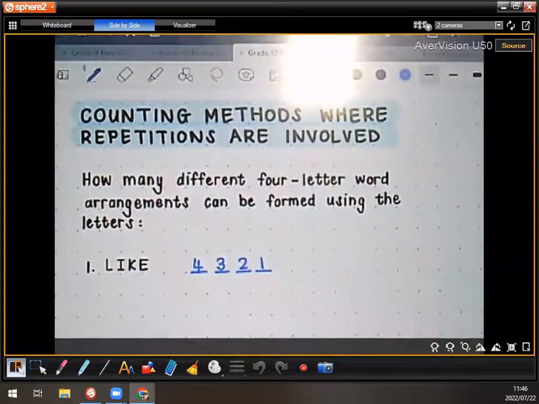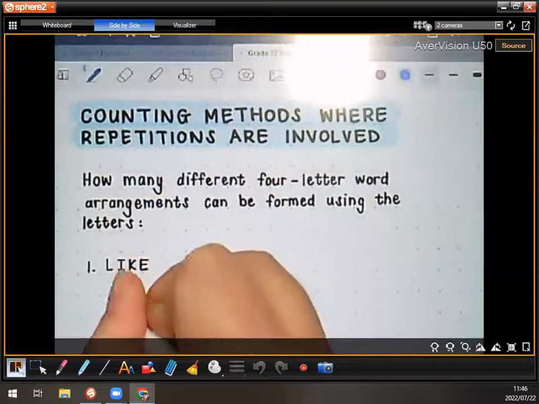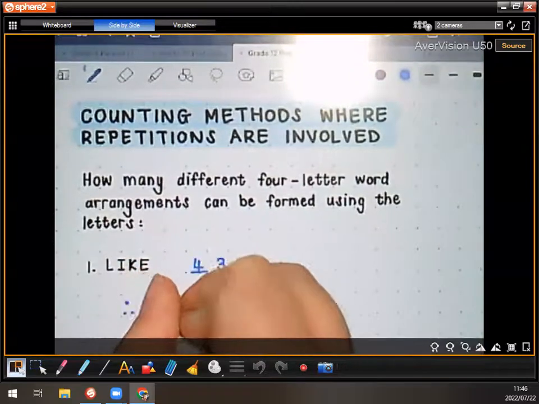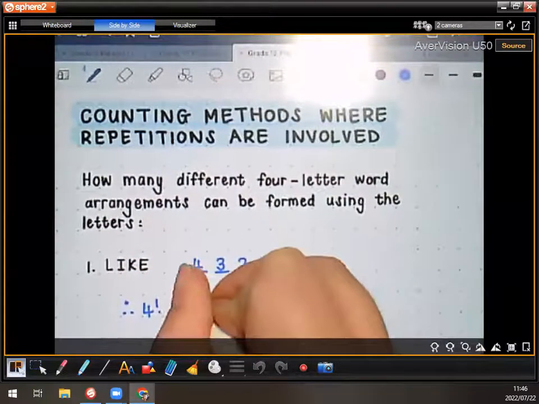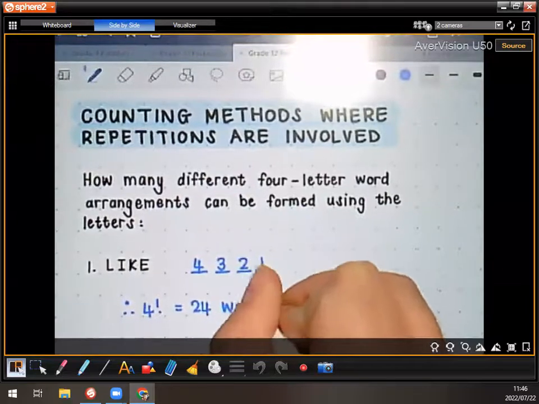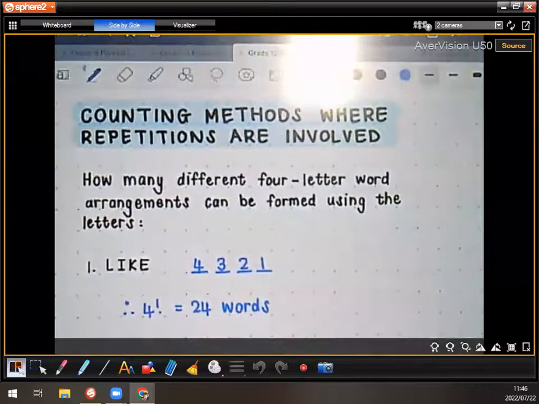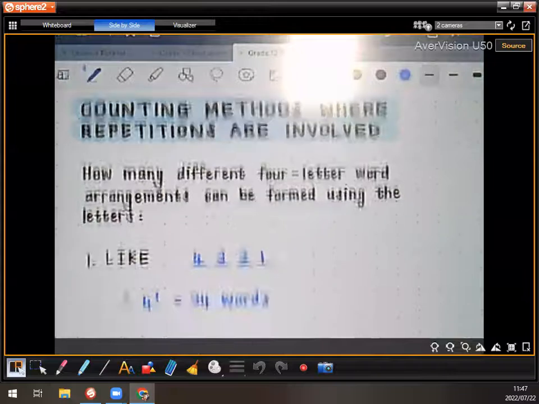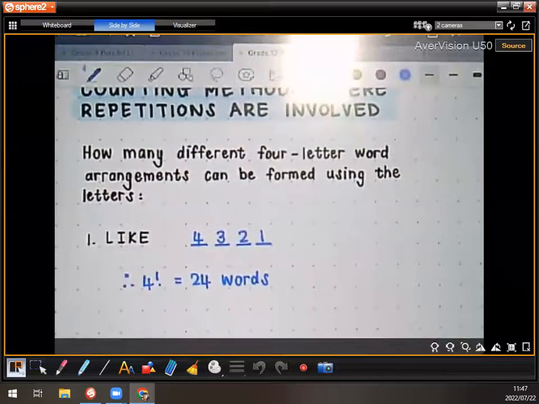So for this one, it would be 4 factorial, which is 24. I'm just going to write words, even though they won't all actually be words. So that's just a straightforward one. There's 4 different letters that you can arrange in whichever way.